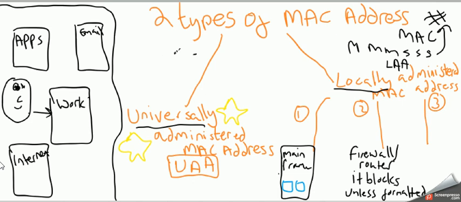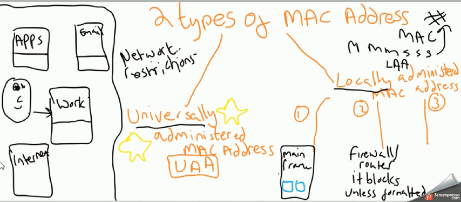It will not let him access it because of what's called network restrictions, which is similar to firewall. These supercomputers, these mainframes, only accept MAC addresses which are done in a certain way.